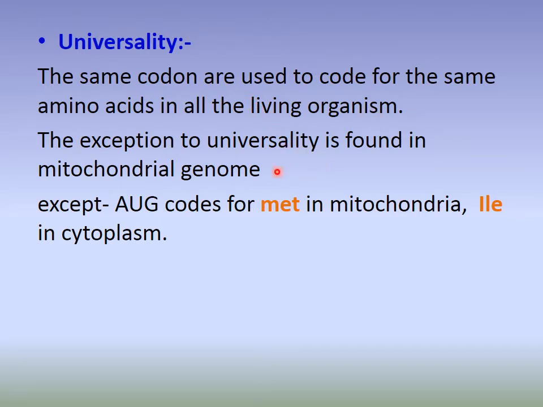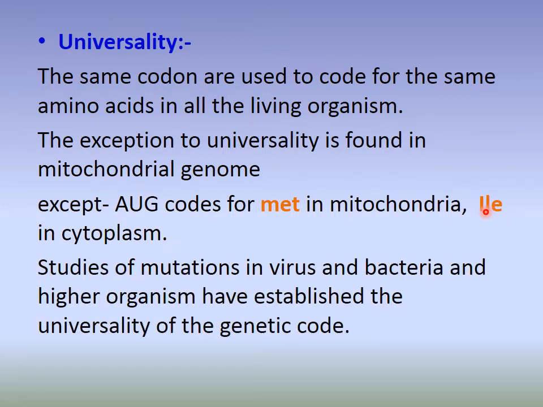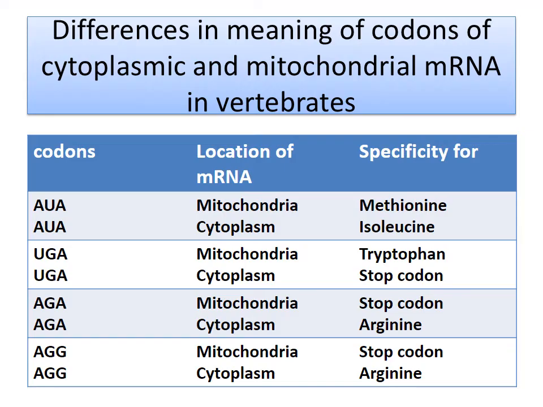Only some exceptions are there: AUG codes for methionine in mitochondria, whereas in cytoplasm it codes for isoleucine. Many studies about mutations have shown that all organisms have a universal genetic code. Now we see some exceptional cases.